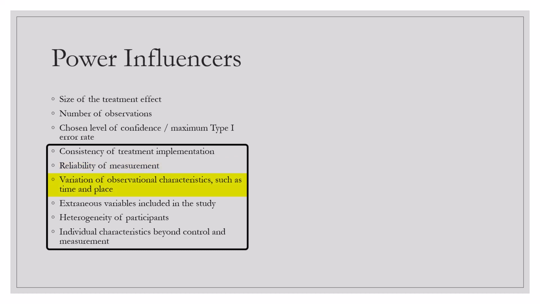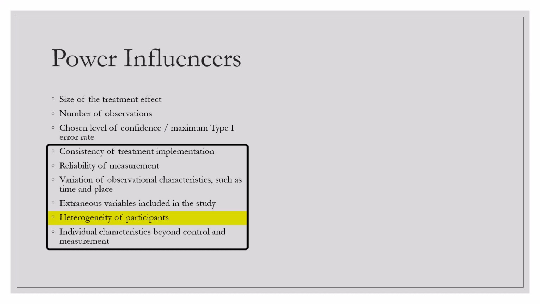Higher variation of observational characteristics, such as the time and place when we record the measurement, could influence the variation of the measurement, as could extraneous variables that are included in the study. If you include more extraneous variables in the study, you can account for the variation in the response measure that is due to those variables, thus decreasing the amount of variation in the response measure of interest.